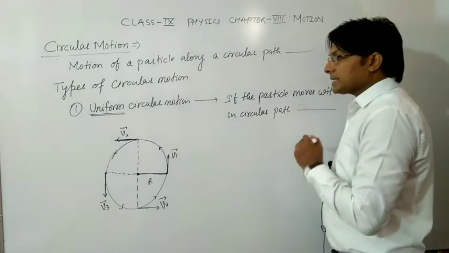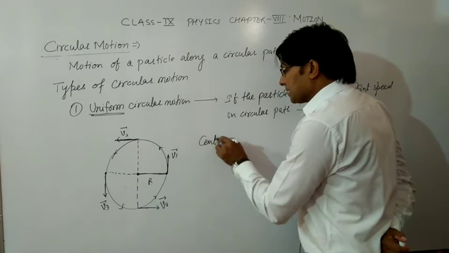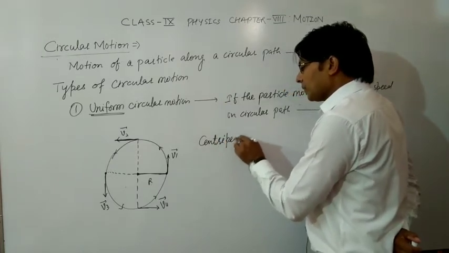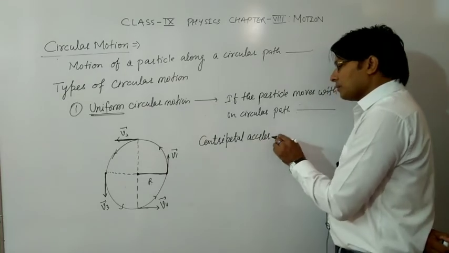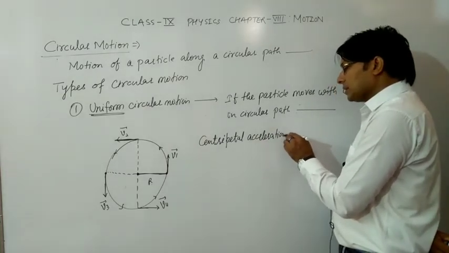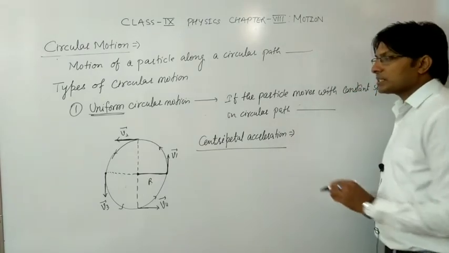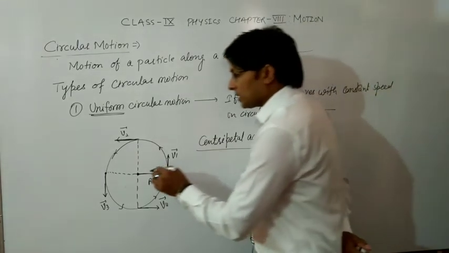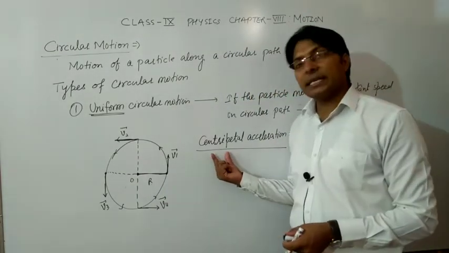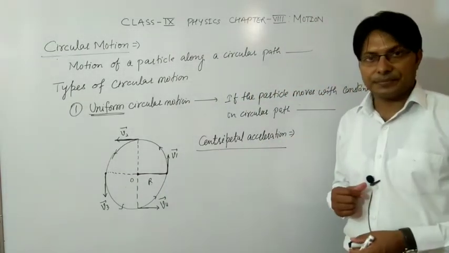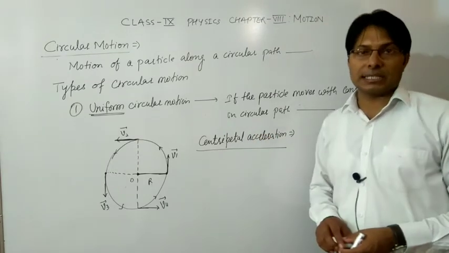So here the acceleration is a special type of acceleration known as centripetal acceleration. Why is it named so? Because this type of acceleration always works towards the center of the circular path. So therefore it is named centripetal acceleration. What is the reason behind the origin of this centripetal acceleration?